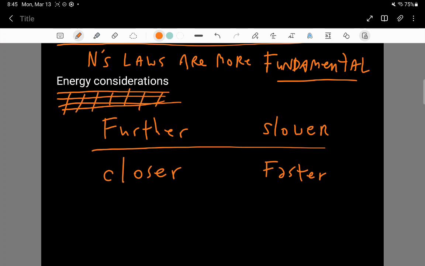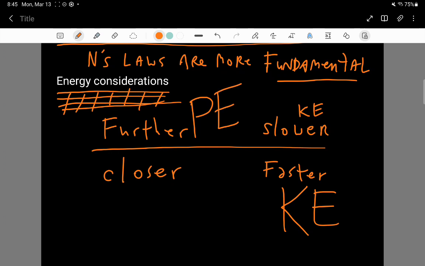And the idea is this. Slower motion is small kinetic energy. Faster motion is really big kinetic energy. And when an object is further from the Earth, that object has a large gravitational potential energy. And when an object is closer to the Earth, it has a smaller potential energy.